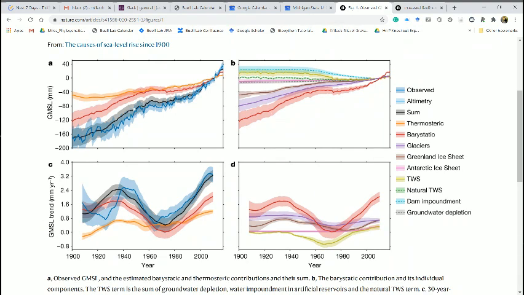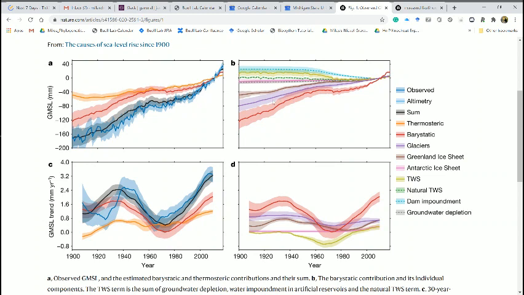So we have different colors of lines that refer to, looks like, different measurements of sea level, observed sea level versus sum of some measurements, barostatic and thermosteric measurements of sea level rise. I'm not entirely sure what those measures are, but either way, it's pretty clear that they're all increasing over time from 1900 to looks like 2010, something like that.